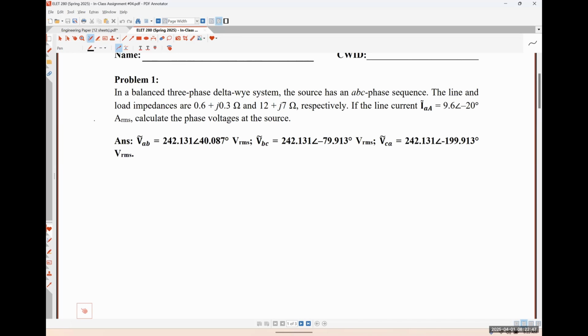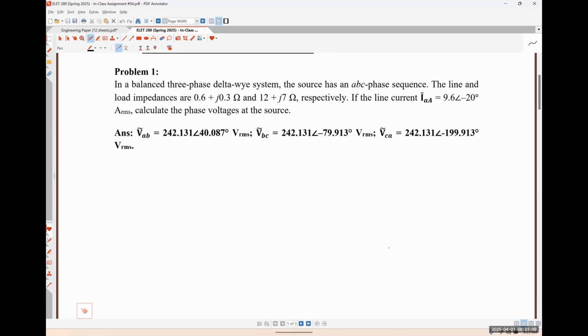So I'm being told essentially that I have a delta connected source and a Y connected load in this system. I'm given line impedances and load impedances, and I'm also told what my line current is, and I'm asked to determine the phase voltages at my source, okay?